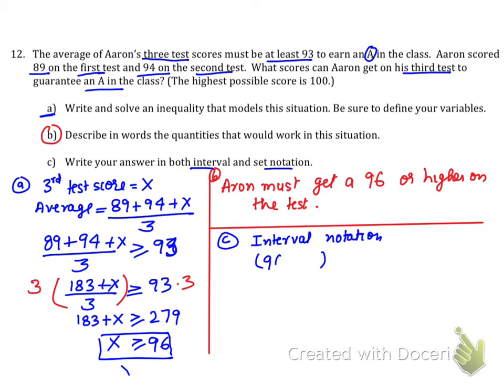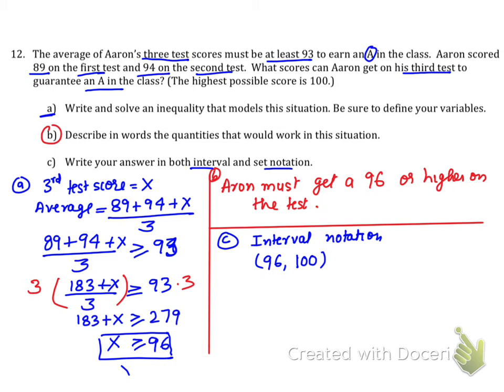So the lowest value is 96 when you write interval notation, minimum and max. So max, how much can he score? This time it's not infinity like last time, where the pumpkin could have been any size, very big. Here he could not score more than 100. So he can score 96 or above and can go up to 100.